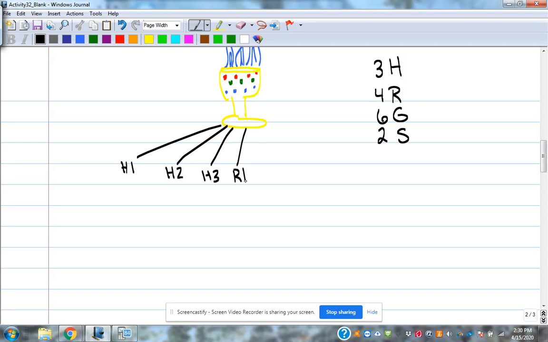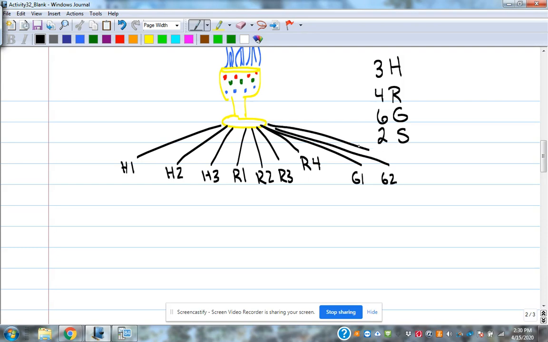Then you've got Ravenclaw 1, Ravenclaw 2, Ravenclaw 3, Ravenclaw 4, Gryffindor 1, Gryffindor 2, Gryffindor 3, Gryffindor 4, Gryffindor 5, Gryffindor 6, and then the 2 from Slytherin.